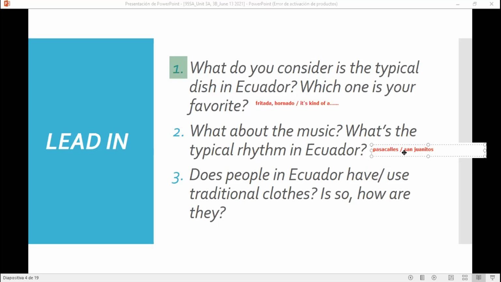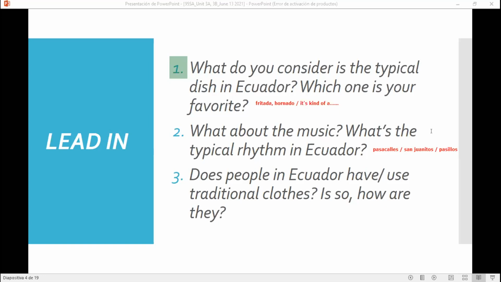Thank you. So, pasacalles, we also had los pasillos, ¿no? These are like very iconic kind of music that was listened since the beginning of the country, right? Yes, thank you, Digna.